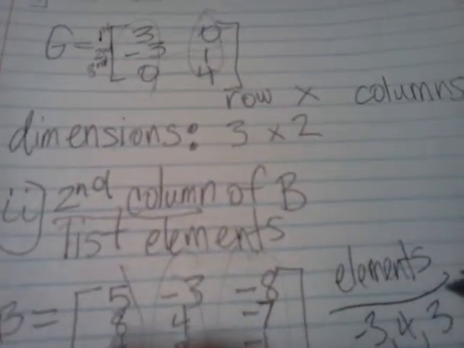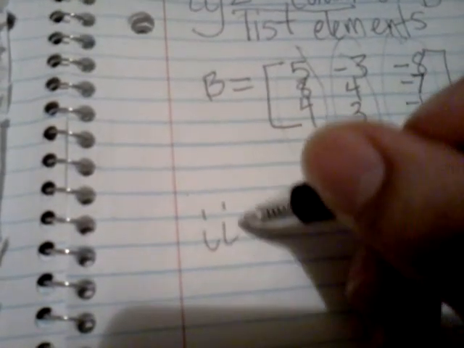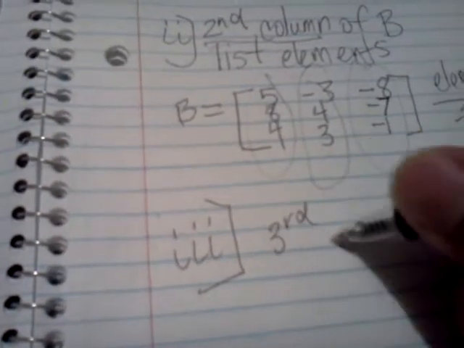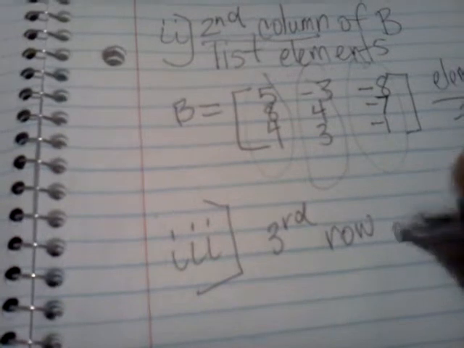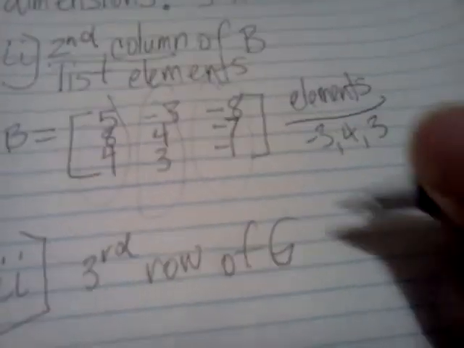Next is the third row of G, right? So I'll just write it here. They want you to go to the third row of G, and again write the elements. Since we started off with G from the beginning, I already listed it here.